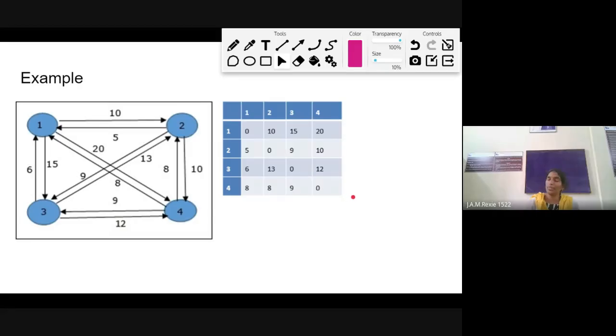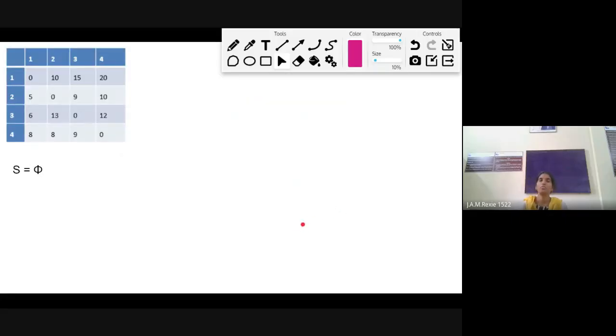There's no self loop, so its cost is 0. And 1 to 2 cost is 10. So 1 comma 2, that cell is having 10. Then 1 to 4 is 20. 1 to 3 we are having 15. So we are representing this in the adjacency matrix representation.